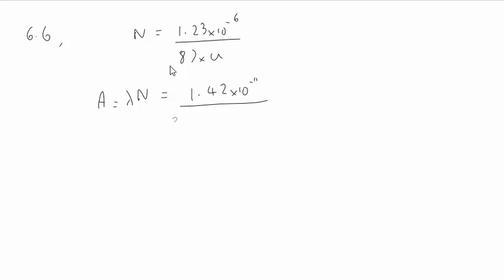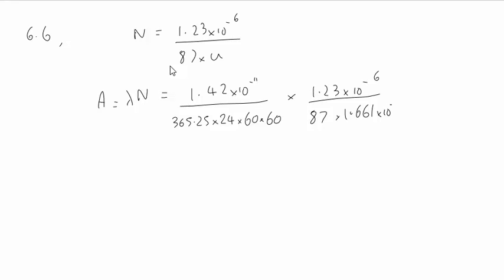If we then divide that by 365 1/4 to get it into days, 24 to get it into hours, 60 into minutes, 60 again into seconds, then we need to times it by n, which we've said is 1.23 times 10 to the minus 6 over 87 for the relative atomic mass, times the atomic mass unit, which is 1.661 times 10 to the minus 27 from the formula sheet. That gives 3.8, and the units are becquerels.